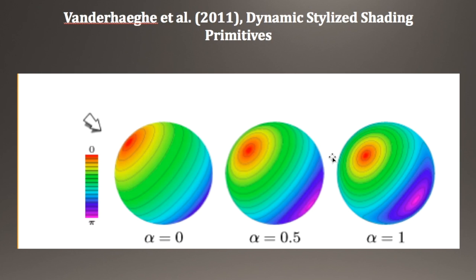The most important part from their work, however, is the shading parametrization, which is also the most important part for our work. They illustrate how by varying the alpha value, different shading behaviors are continuously produced, from diffuse when alpha is equal to 0 to specular when alpha is equal to 1, and to a more controlled one when alpha is equal to 0.5.